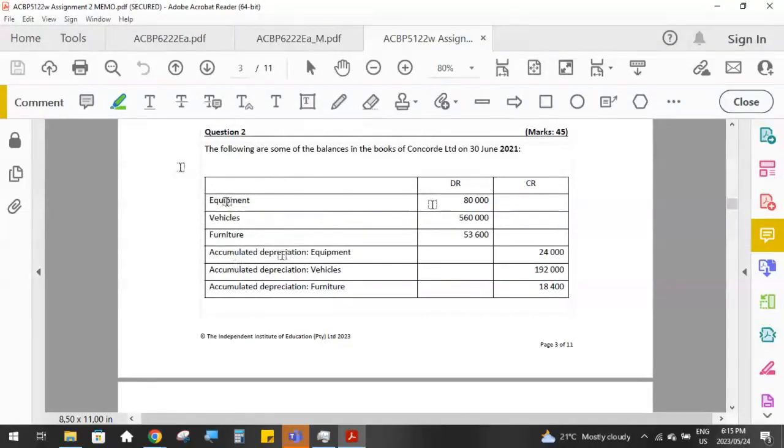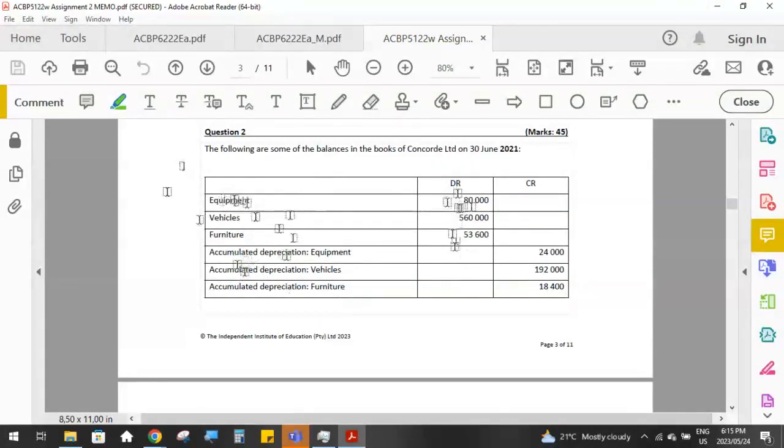So they have got equipment, vehicles, and furniture. So these are our non-current assets, and assets increase on the debit side. So this is why we record the value. The value of our assets at cost is what is recorded in these accounts, and they will always be debits because assets increase on the debit side.